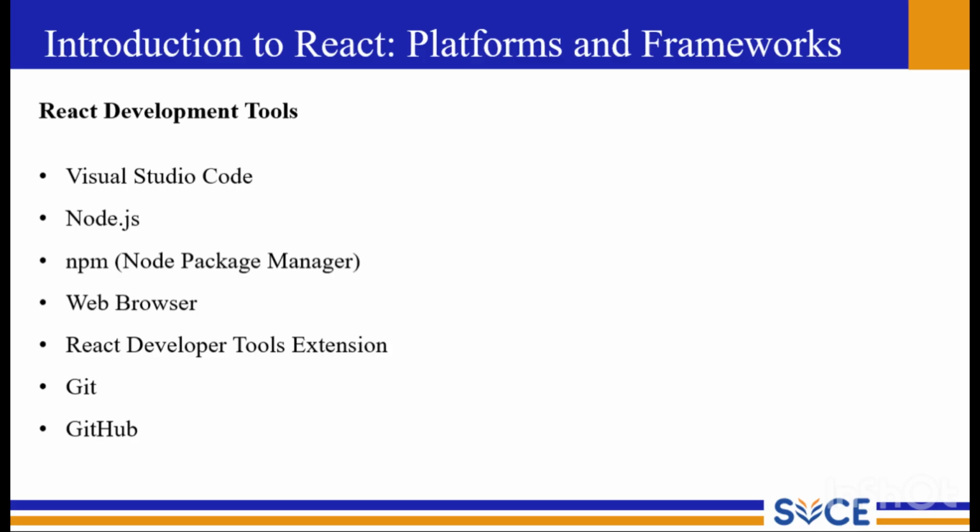A web browser such as Chrome is used to run and test applications. The React Developer Tool browser extension helps inspect React components during debugging. Git and GitHub are commonly used for version control and collaboration in software projects.